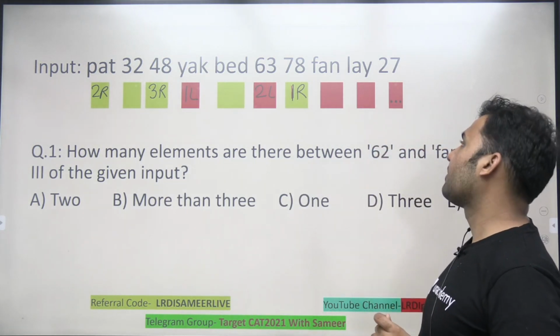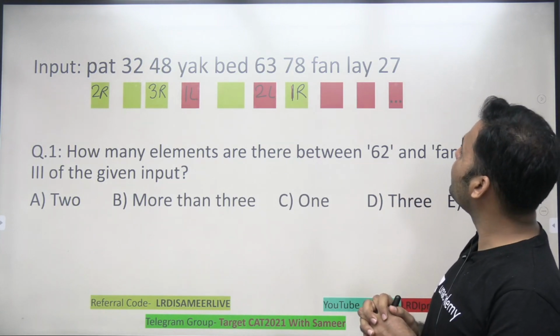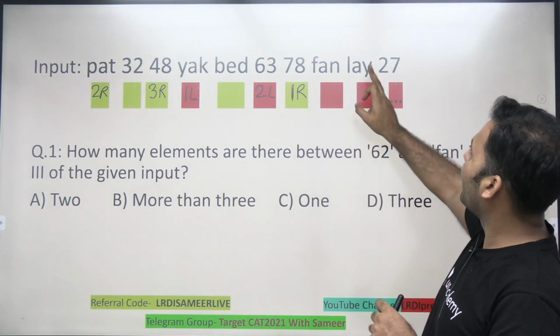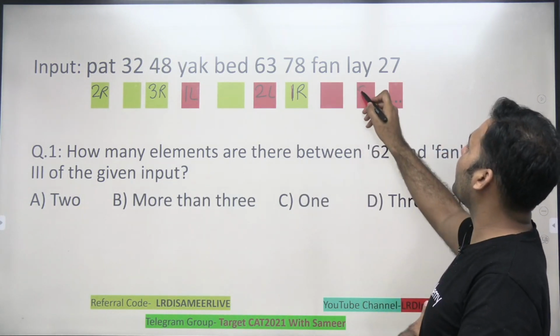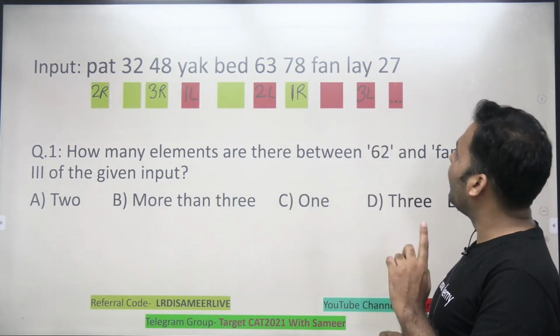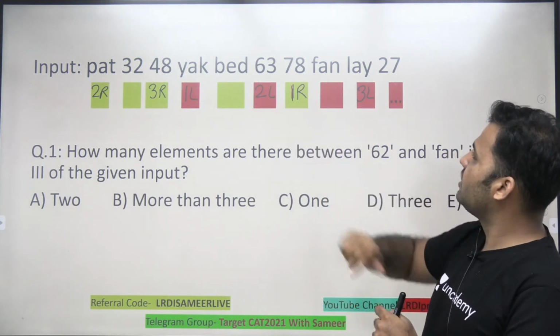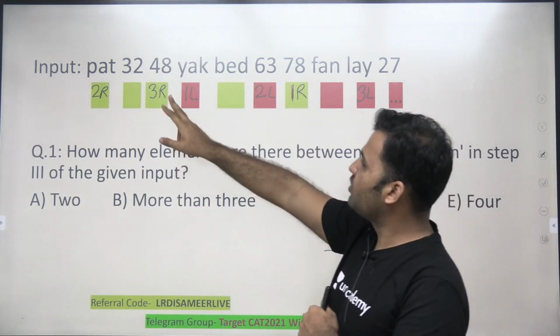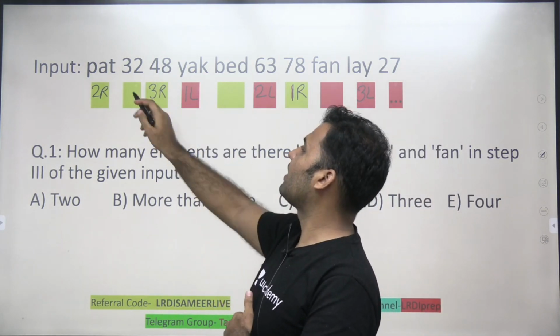And then the third largest alphabet, as you can see here, is L, and it has to be taken on the left hand side. So I'll rank it as 3L. After this, the next largest number is 32. And in the previous step, you are taking the number on the right hand side. So in the next step, you will be taking 32 on the left hand side.